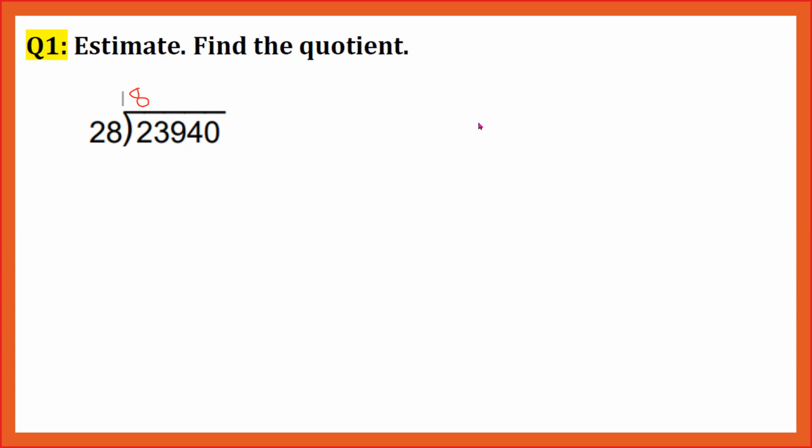Then after that, I will multiply 8 times 28. First, 8 times 8 is 64. Let's remember, 64. We have to write the 4 down and then the 6 up.